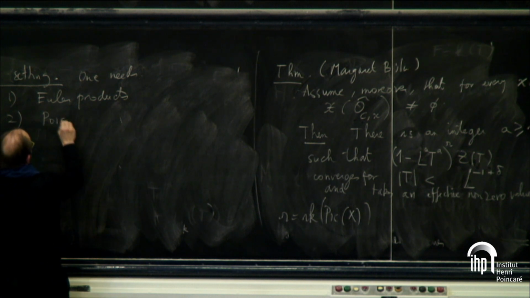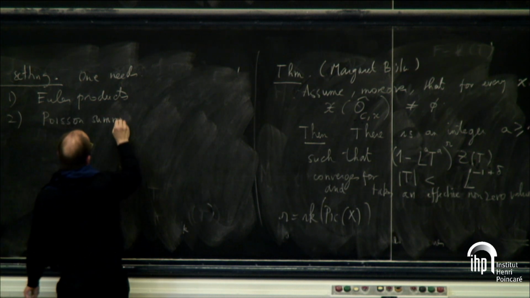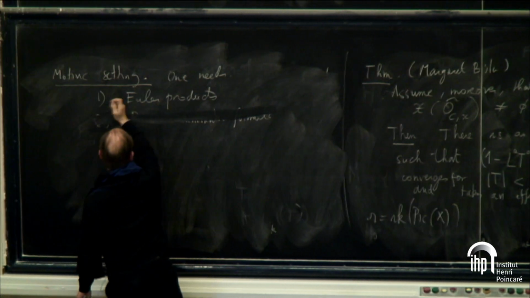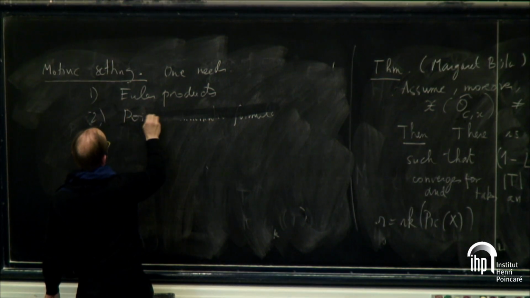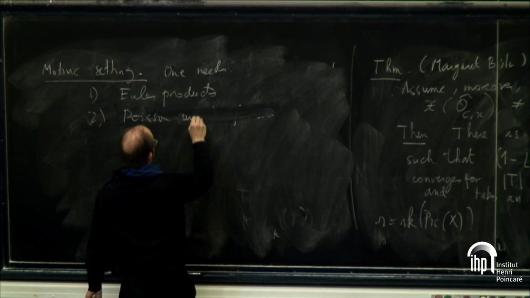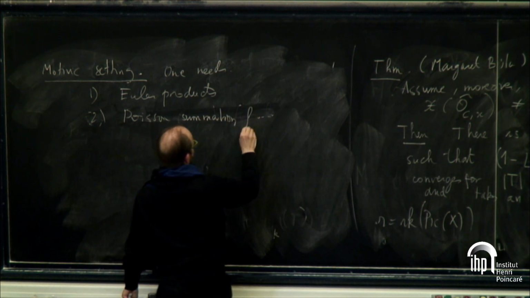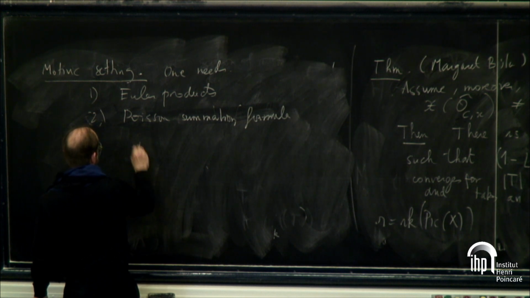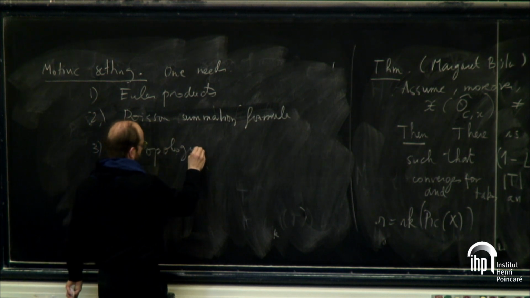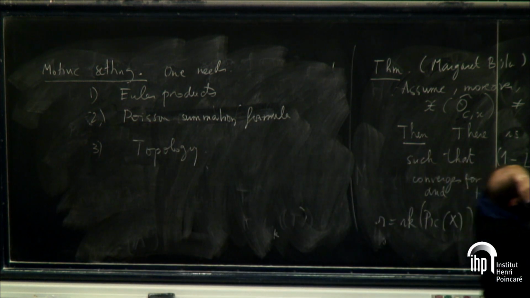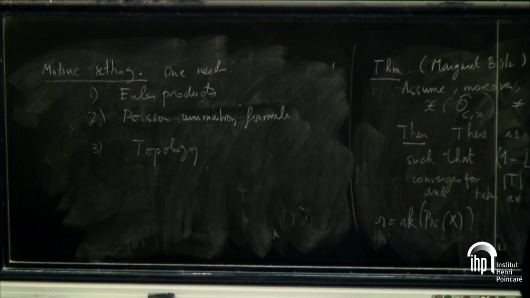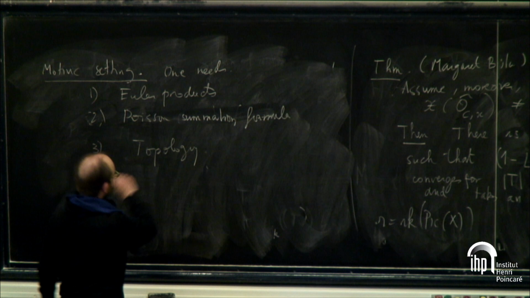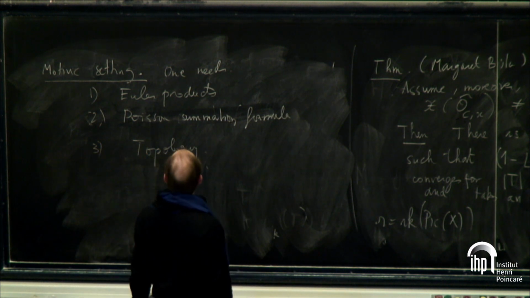One needs a Poisson summation formula. And one needs to take care of topology, because the reasons for which these Euler products converge is not strictly explained by dimension, but it's explained by weights. So one needs to refine the topology, as I hinted before.